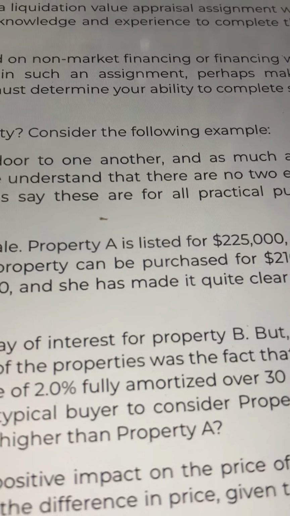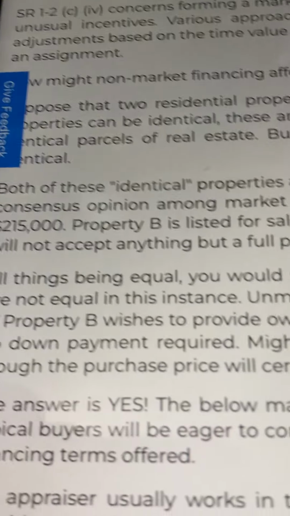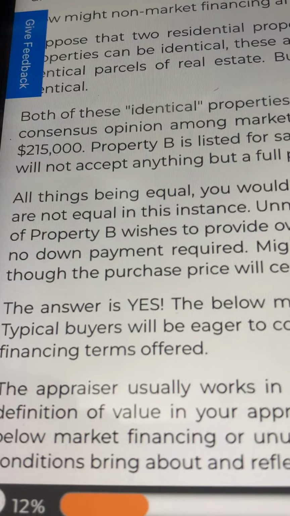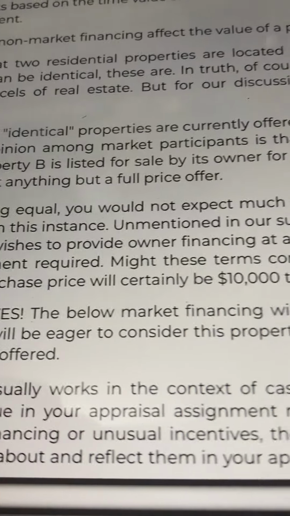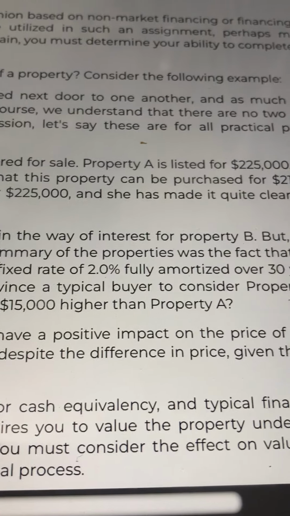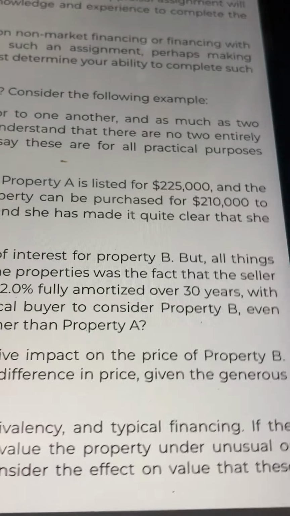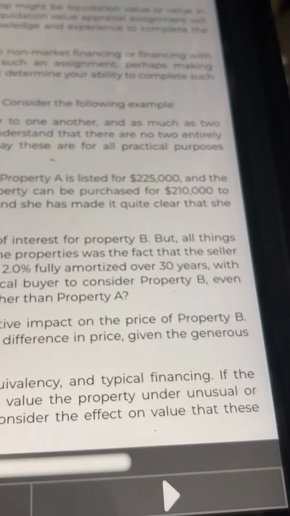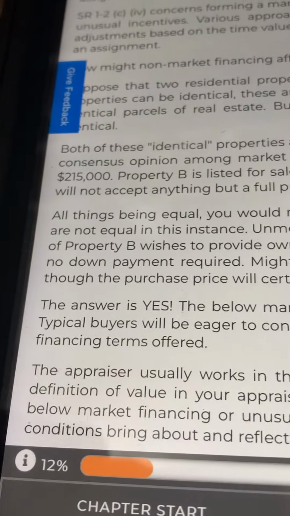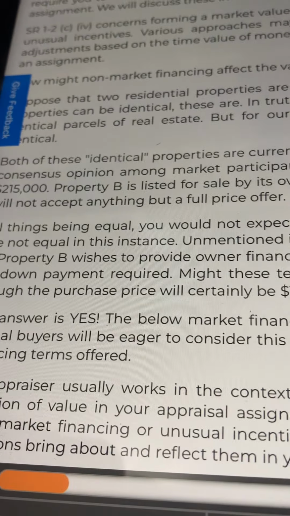And she has made it quite clear that she will not accept anything but a full price offer. All things being equal, you would not expect much in the way of interest for property B. But all things are not equal in this instance.